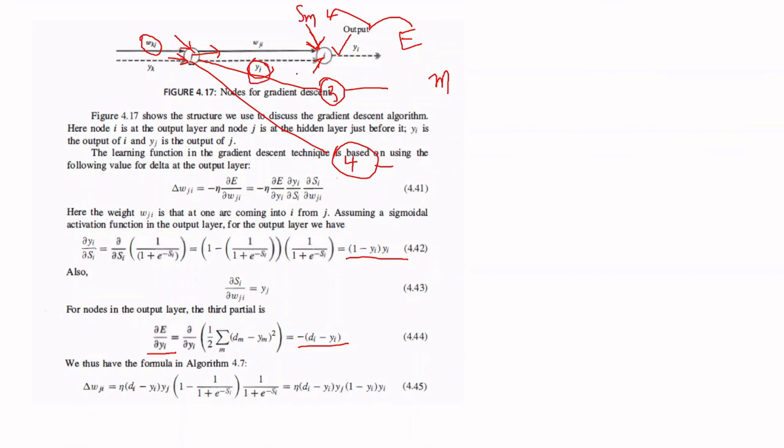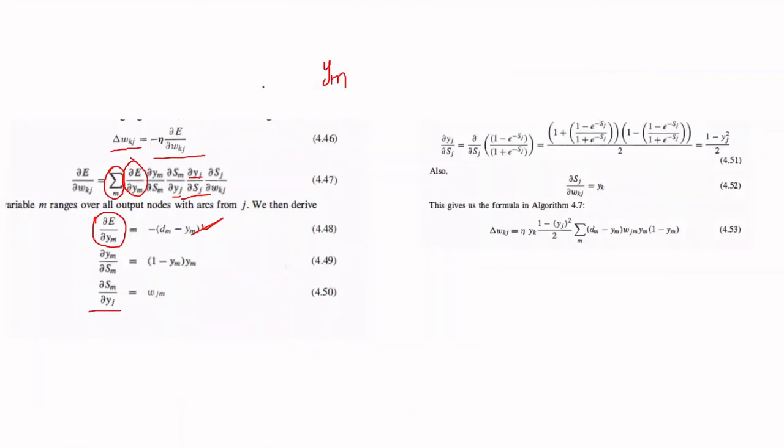Sm is a sum of Wjm into Yj plus others for all the nodes. But with respect to Yj, all the other nodes are constants, so you only need to consider this term, and dou by dou Yj of Wjm into Yj becomes only Wjm.